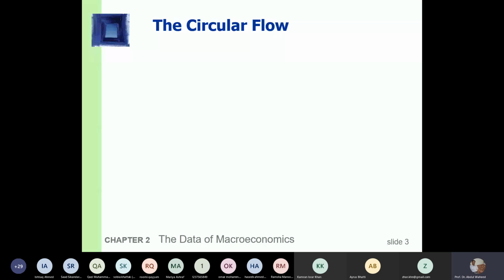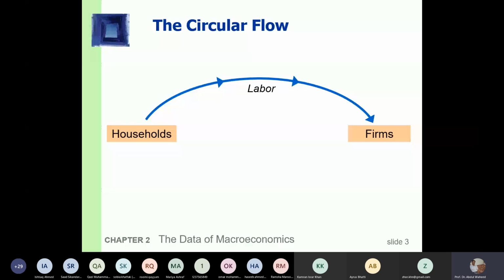And this is the circular flow for a two-sector economy. We have household and we have firm. Household provides labor services to the firm, and the firm provides income to the household for their labor services.